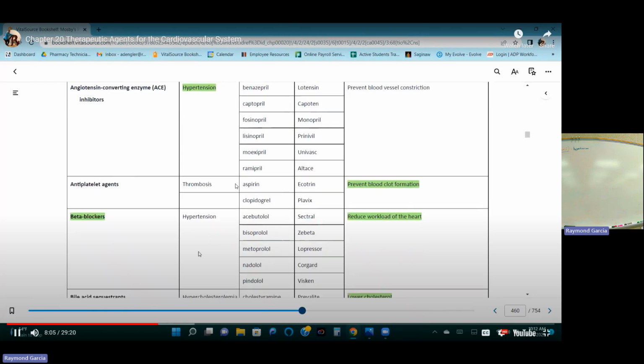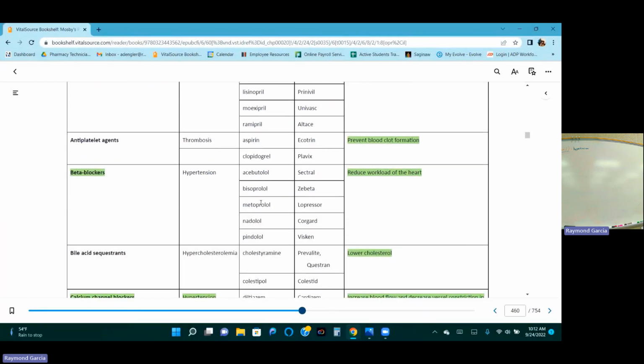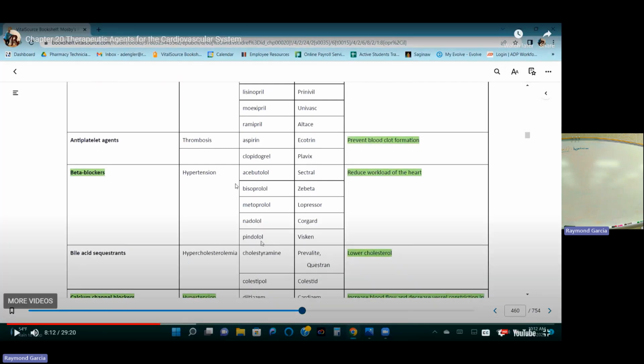Beta blockers. If you look at all of these, they all have an olol ending. So beta blockers end in olol. And again, they treat hypertension.